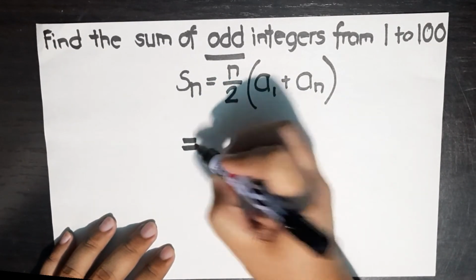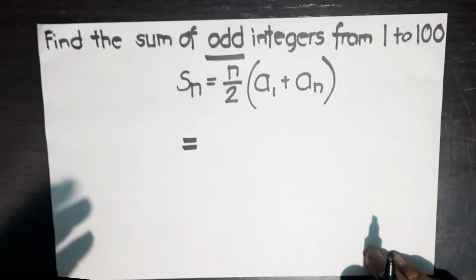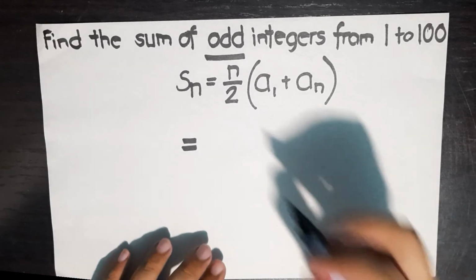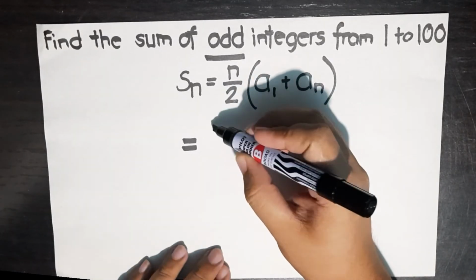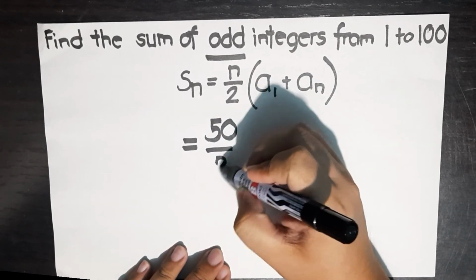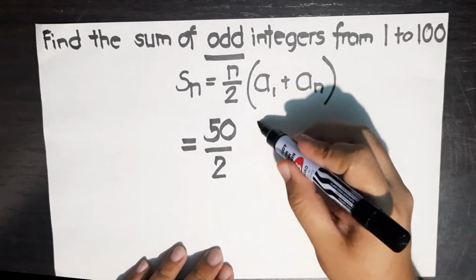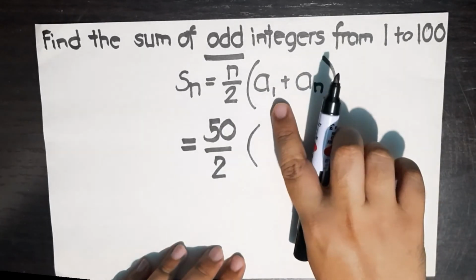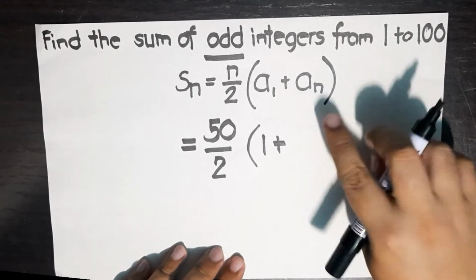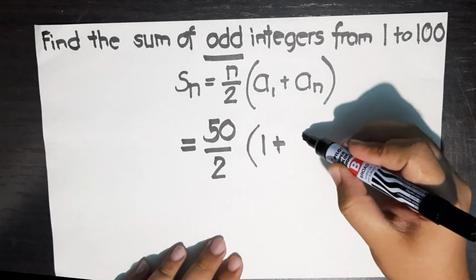So S sub n, which is equal to n. How many odd integers are there from 1 to 100? 1, 3, 5, 7, 9 up to 99. How many are they? There are 50. It's just half of 100, because 50 are odd and 50 are even. Times the quantity of first term is 1, plus the last term, which is 99.